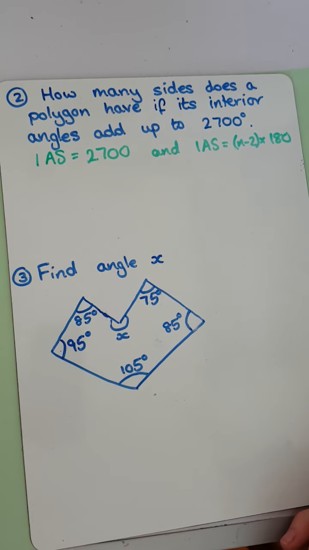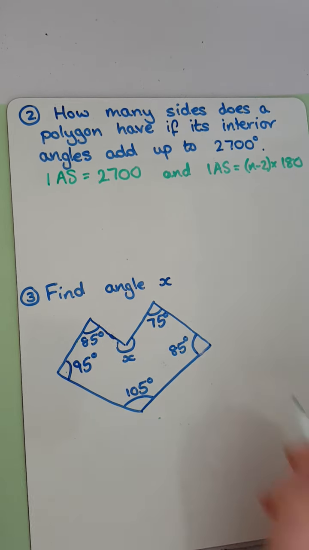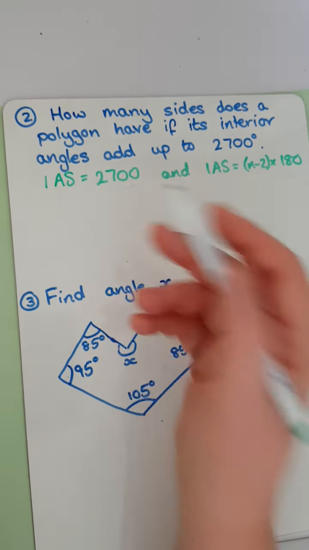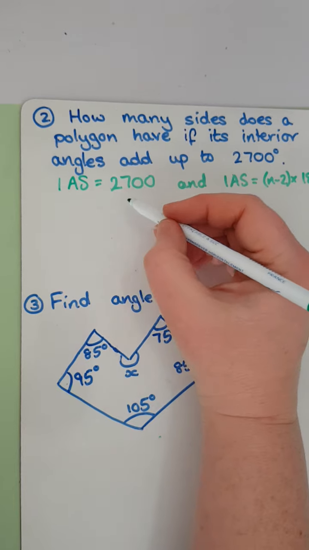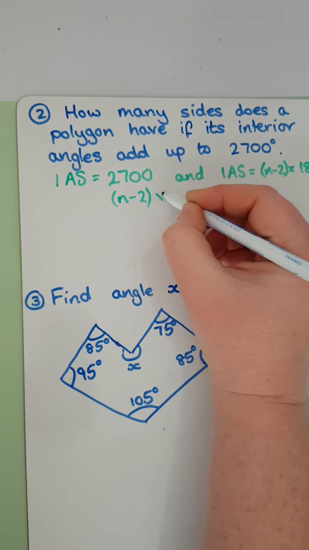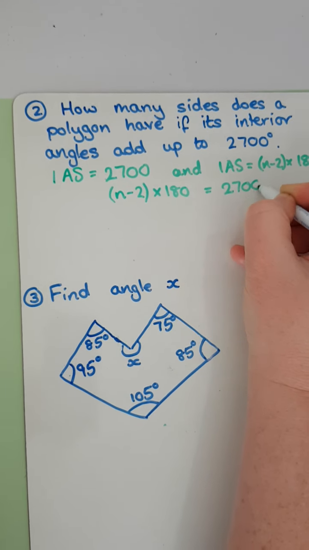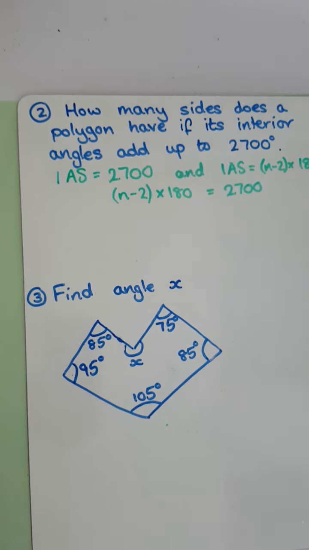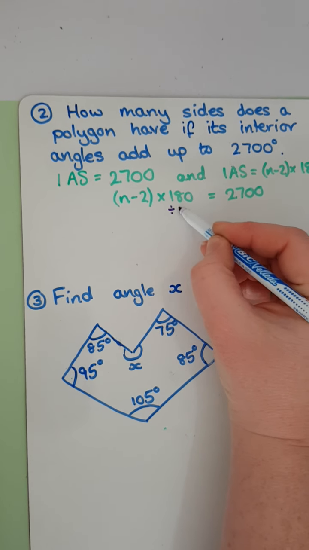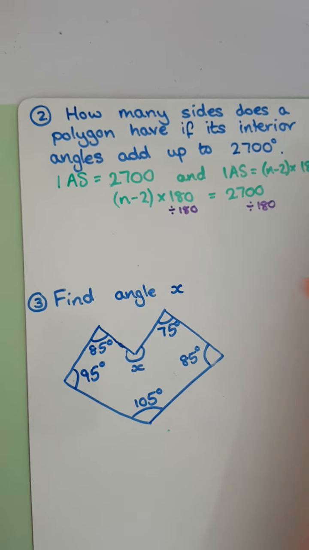Now I can combine both of those to set up an equation, and I can solve that to find out what n is. Because they both give me the interior angle sum, I've got n take away 2 times 180 is equal to 2,700. Now I'm going to start by dividing by 180 first, so that I get the n take away 2 on its own.